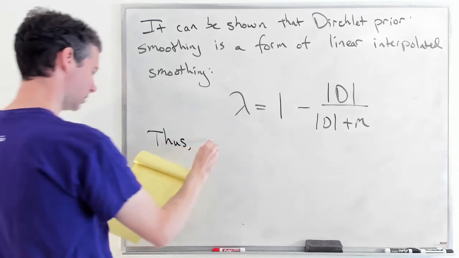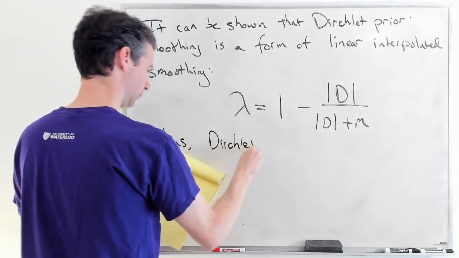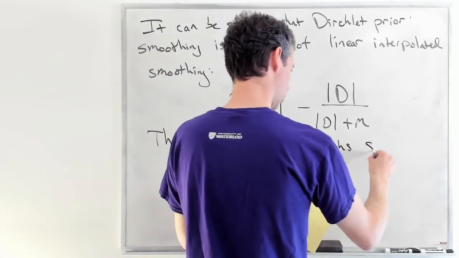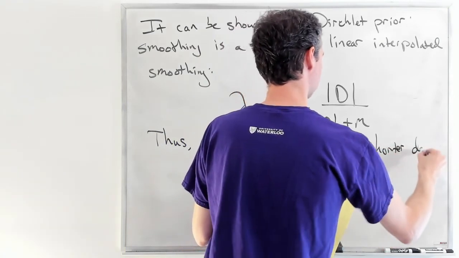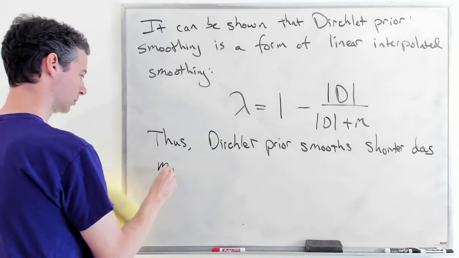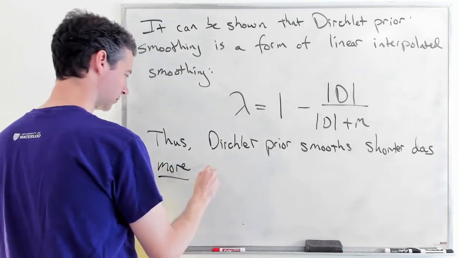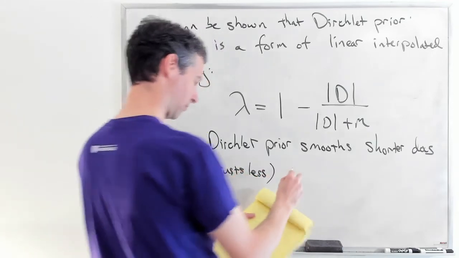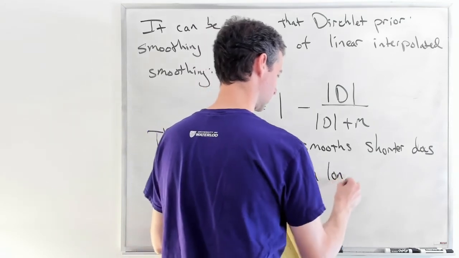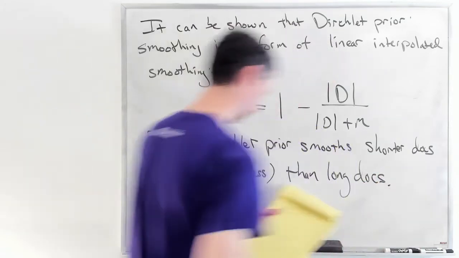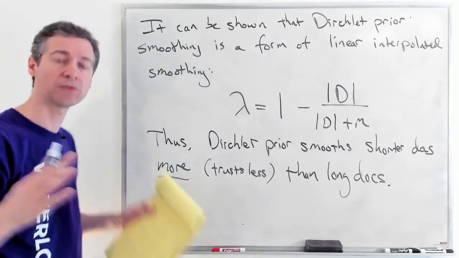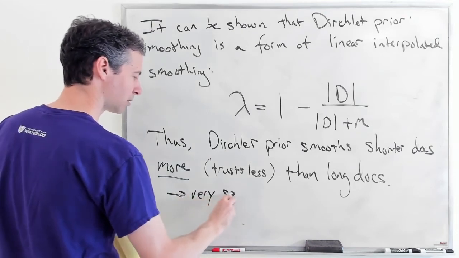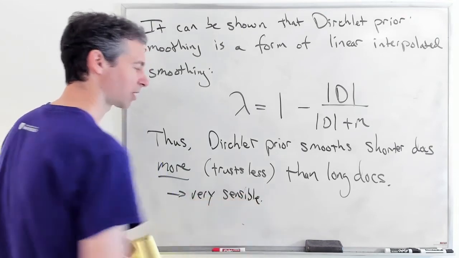So what does this mean? Well, it means that Dirichlet-Prior smooths shorter documents more. Basically, it trusts the counts less than for long documents. And that is very, very sensible if we think about documents as samples again.